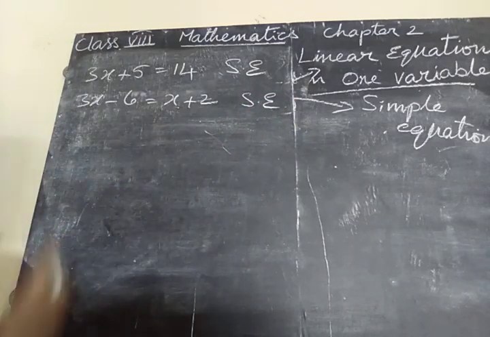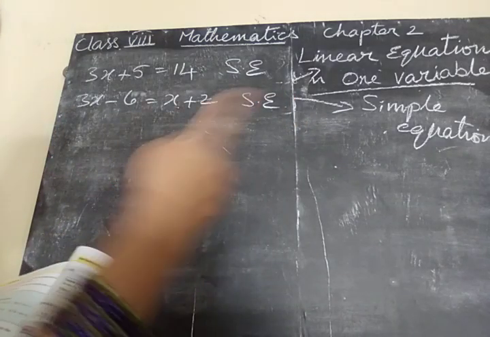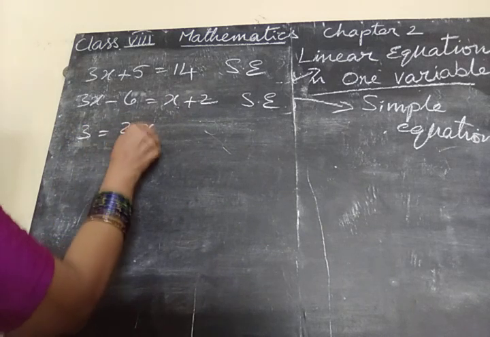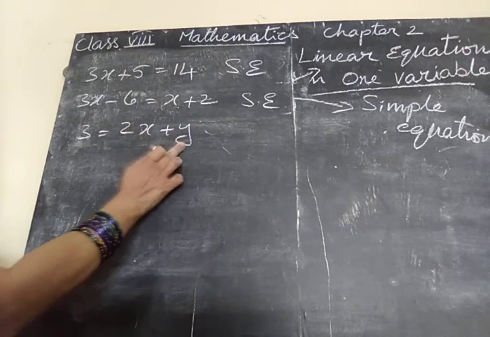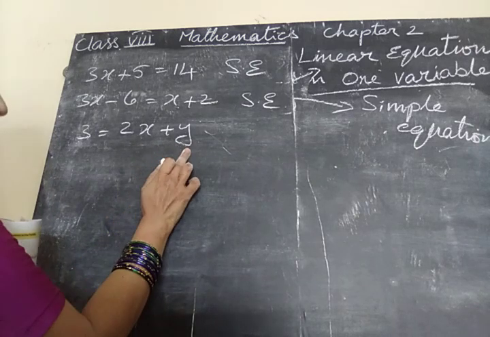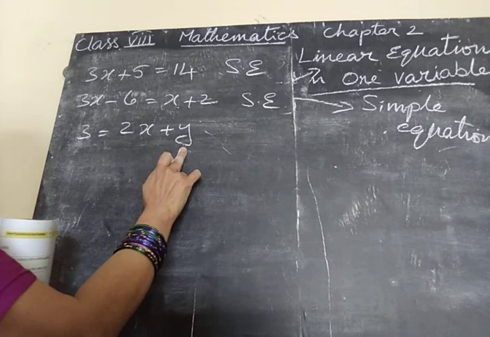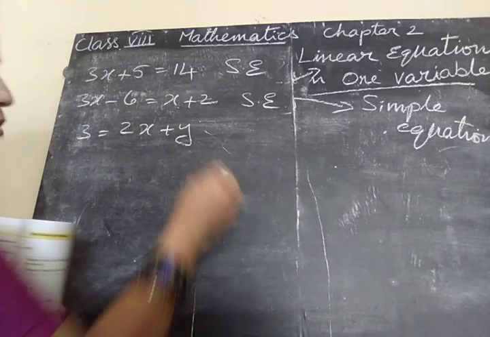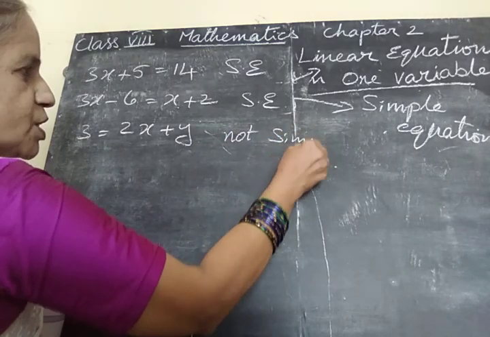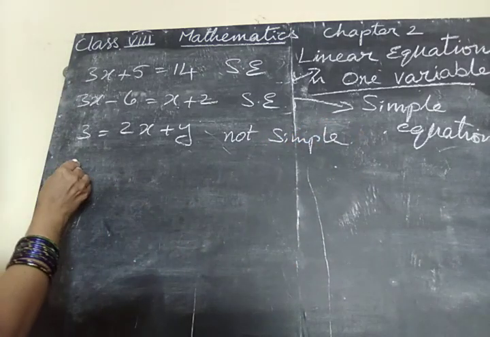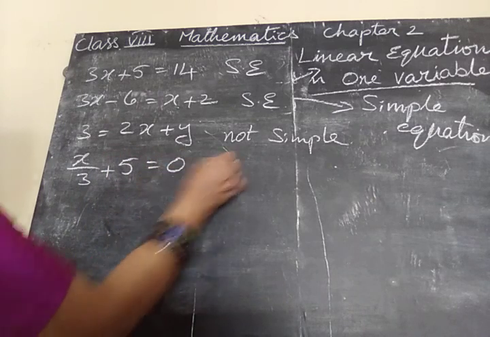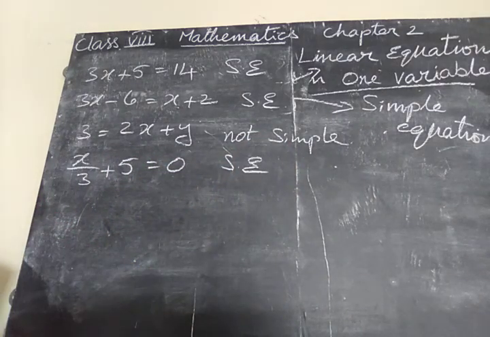One variable, linear and one variable. So it is a simple equation. And 3 = 2x + y. See here, two variables are there. Is it linear? Linear only, but with two variables. Linear equation in two variables. This is not a simple equation. Understood? Now, x/3 + 5 = 0. It is a simple equation. Clear?